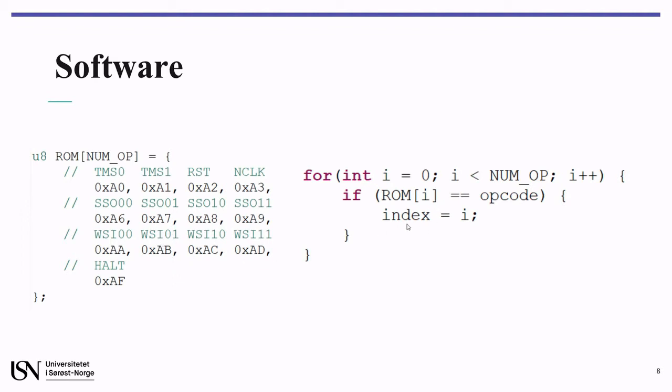To the right here, we can see the comparison with the TDO input to check which opcode we want to test. Then we can set the correct index based on the current iteration in the for loop. The for loop is used to iterate through all the possible instructions in the ROM and simply returns the correct index of which of the ROM addresses we want to use.